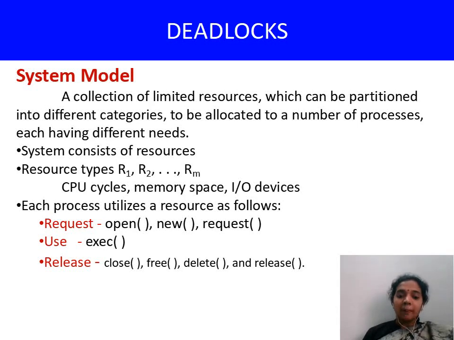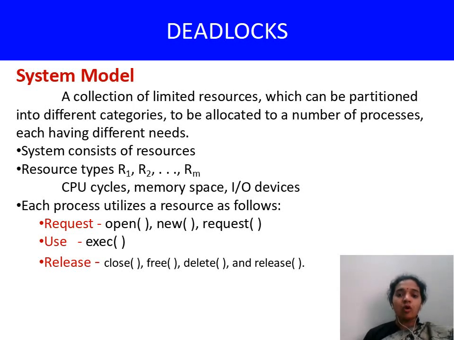Some categories may have a single resource. The processes in the operating system use different resources, and all these resources follow these steps: starting from the request, then using the resources, and at last releasing them. In normal operation, a process must request a resource before using it and release it when it is done.